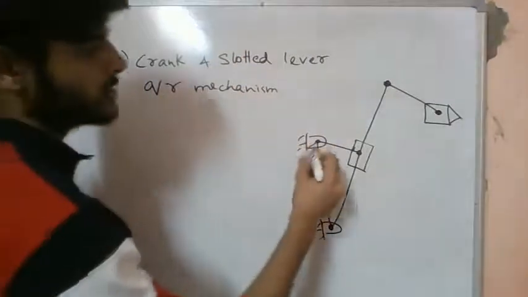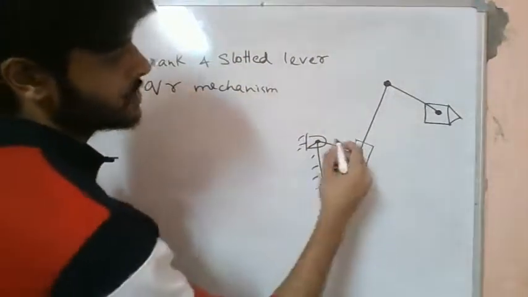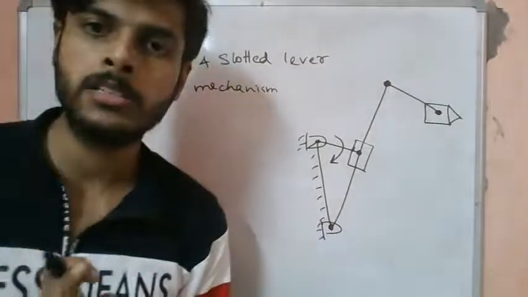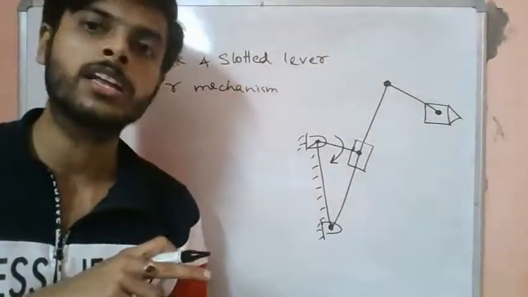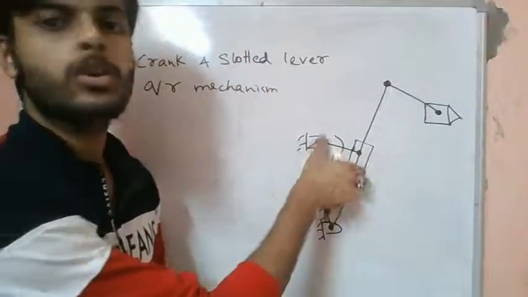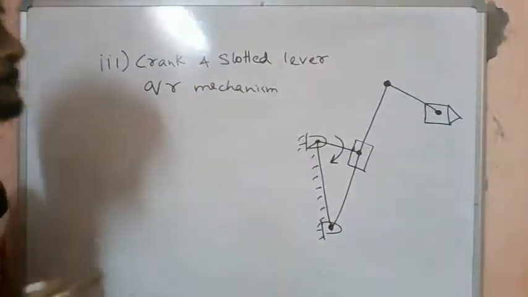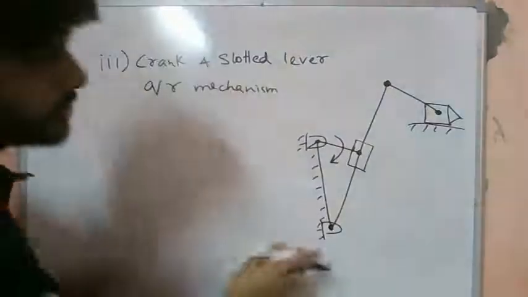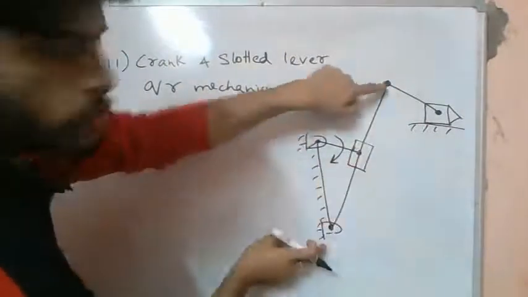So this link is fixed, and this crank can rotate in the clockwise direction. In the Whitworth quick return mechanism, the rotating link was in the anti-clockwise direction. In the crank and slotted lever, this crank will rotate in the clockwise direction. Again, this will be the intermediate link, this will be the shortest, and this will be the longest link.